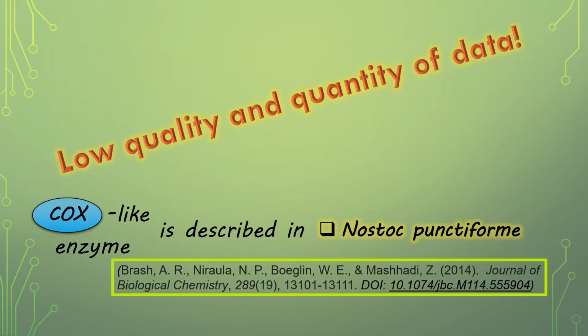As I have already said, we encountered low quality and low quantity of data. A cyclooxygenase-like enzyme is described only in one cyanobacterium. Here you can see the reference to this article.